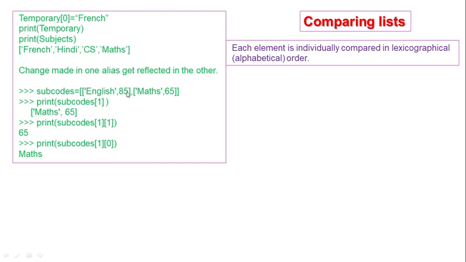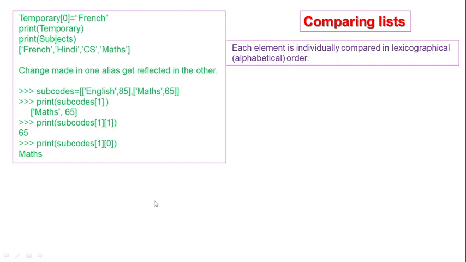You know, index starts with 0 in the case of row and column, so Maths 65 is 1 0 and 1 1. So print subquotes of 1 0 is Maths. So this is all about aliasing, giving another name, and a change in one variable reflects on the other, that's a key point. Then we have the final topic, comparing lists.